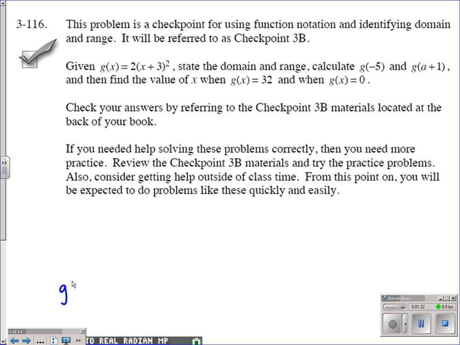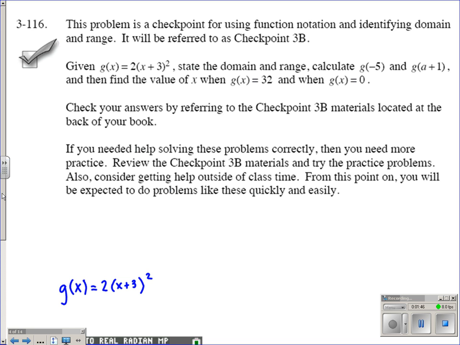So we have g of x equals 2 times the quantity of x plus 3 squared. They want the domain and range. They want us to calculate when the input's negative 5, when the input's a plus 1, and then they want us to find what the input would be when they're given the outputs.